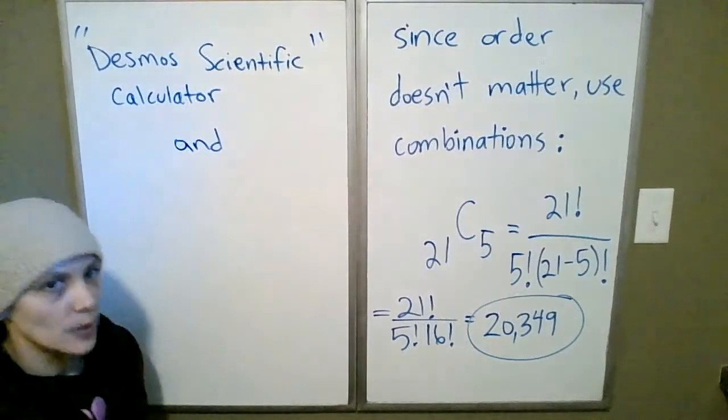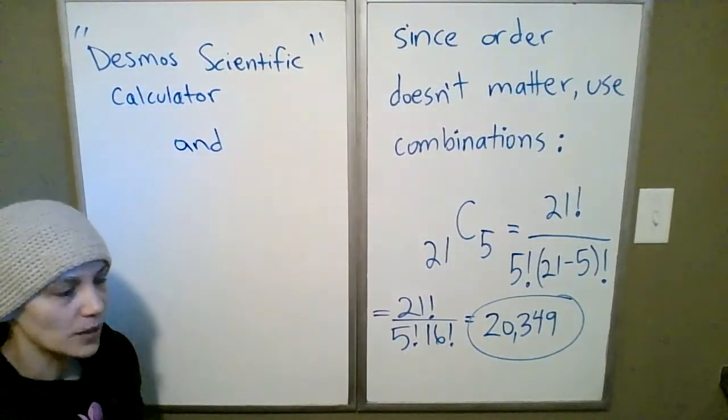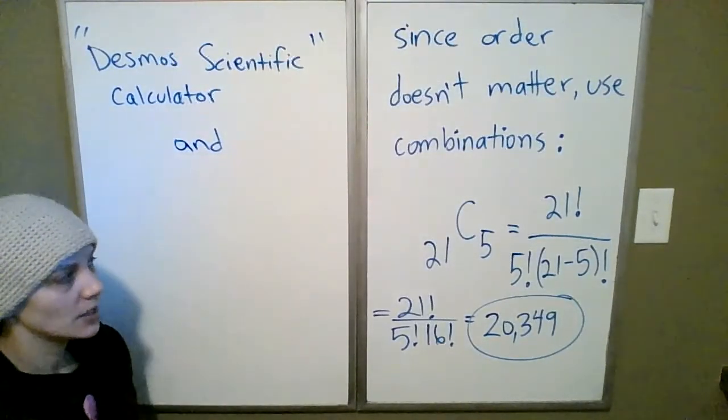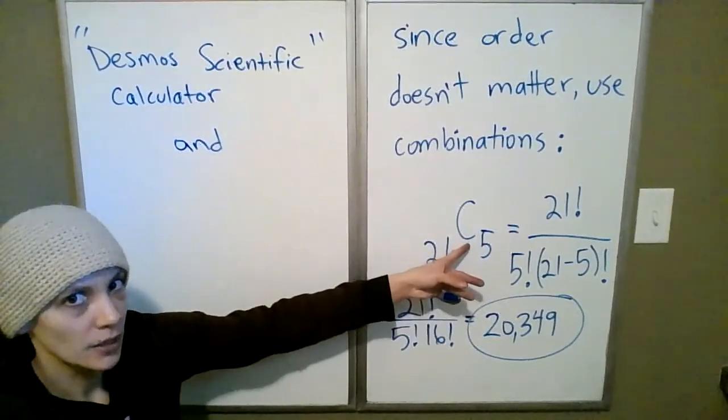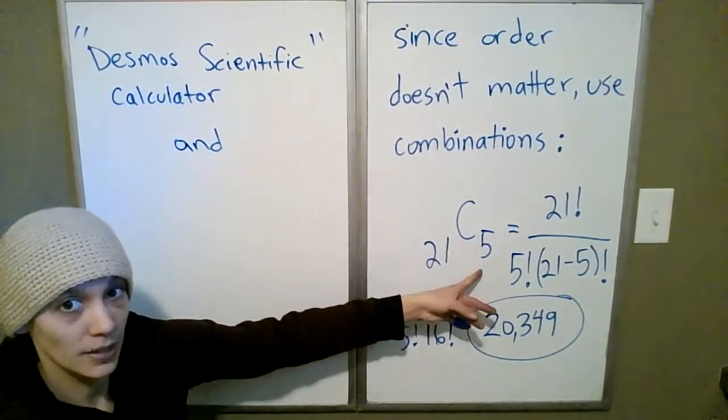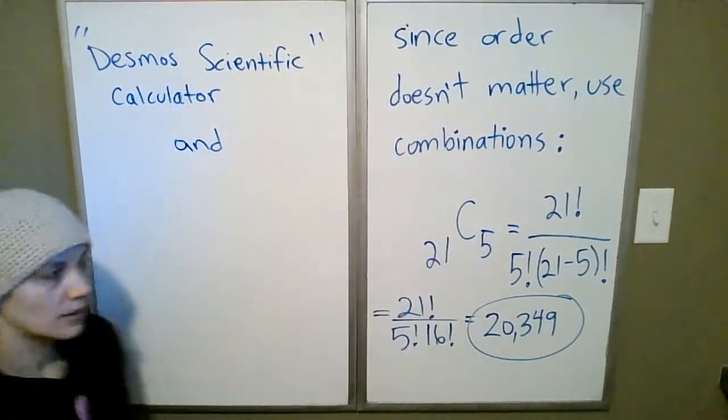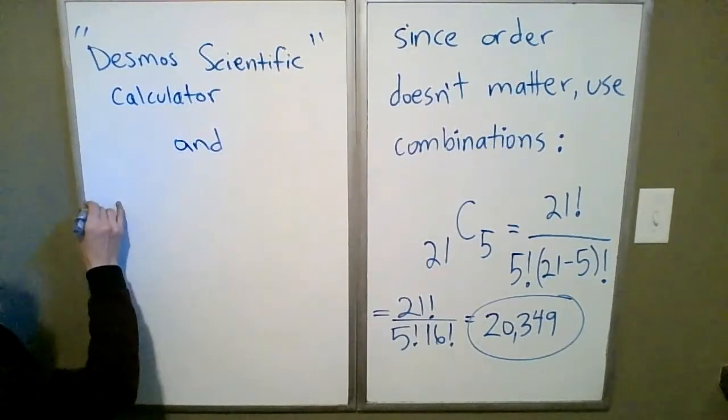Okay. Another place I use sometimes is Wolfram Alpha, and again, you kind of write it in. I would write 21 and then the word choose and then 5, and that would also give me a result.